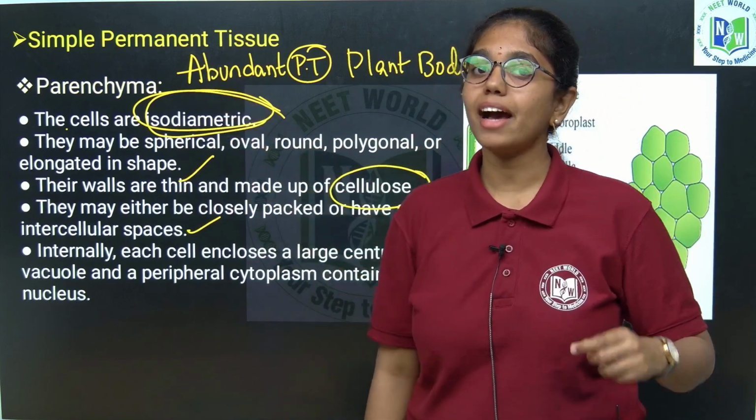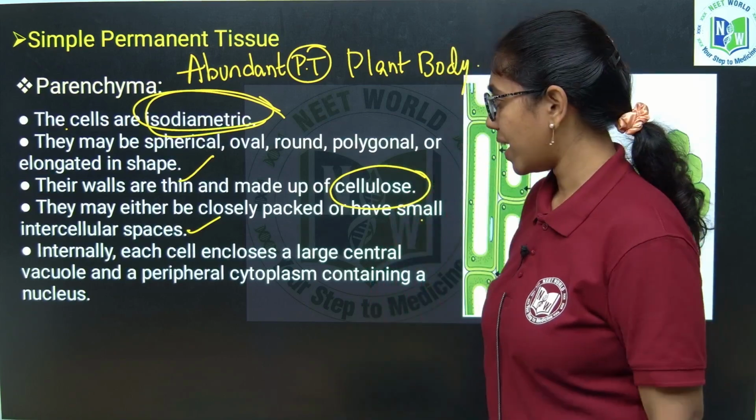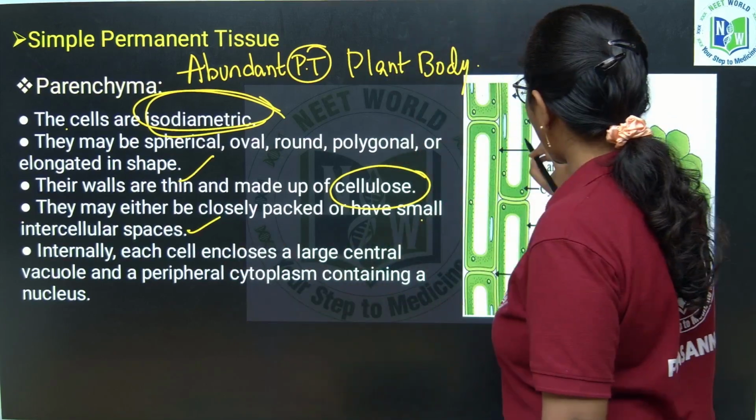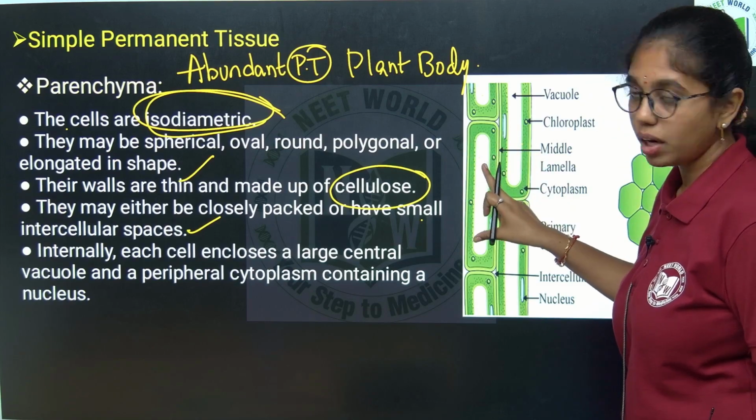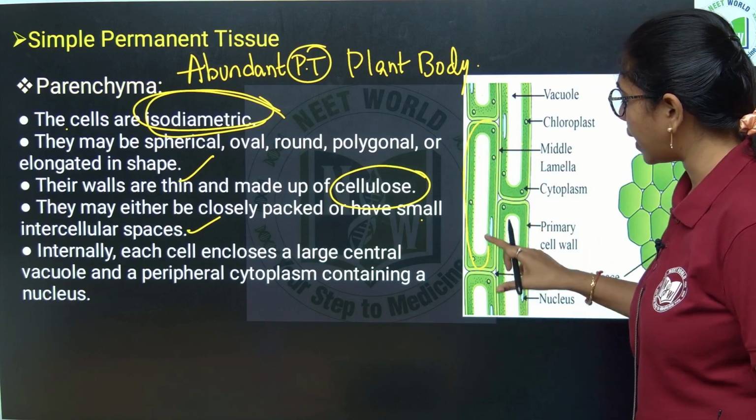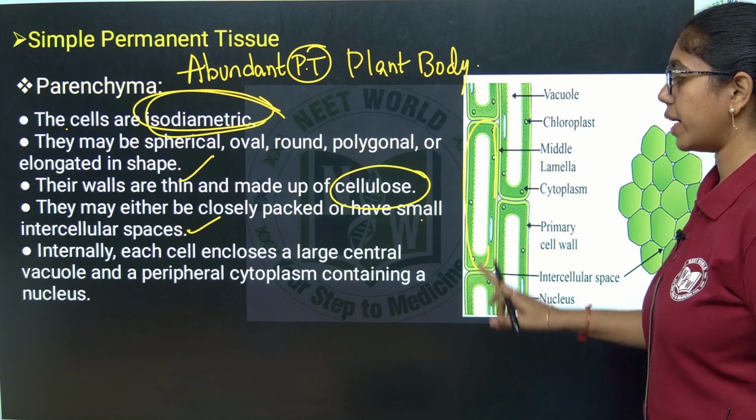Each cell has, at the center, an elongated vacuole, and at the peripheral region they have cytoplasm.